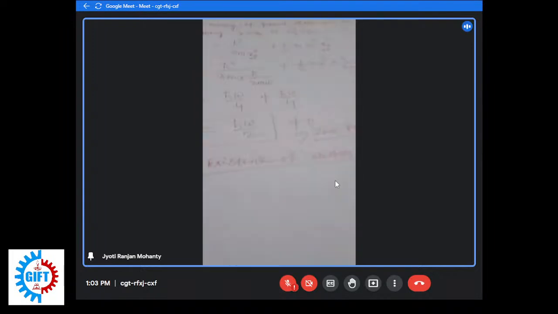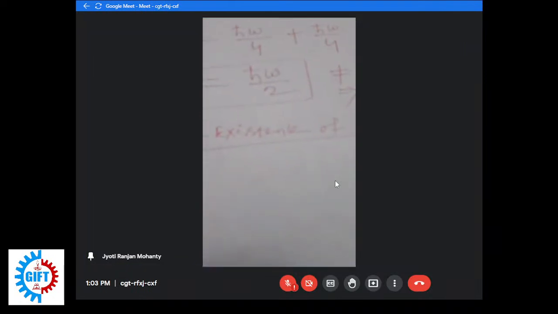Non-existence of electron inside the nucleus. Have you written the heading?